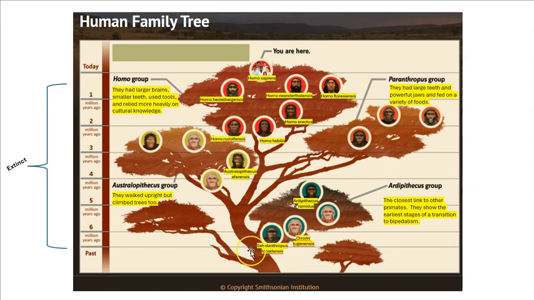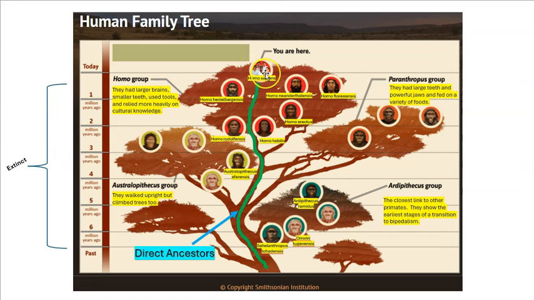We can use this tree to put all of our sort of close relatives on the same tree, and here we are up at the top here. And you'll notice we have very close relatives, and then on other branches farther away, we have more distant relatives.